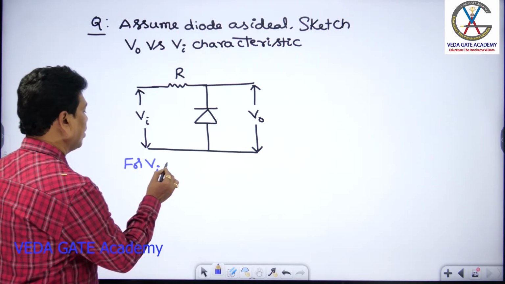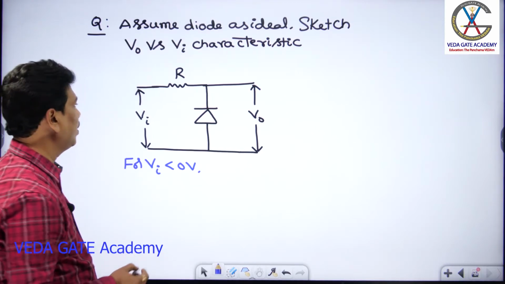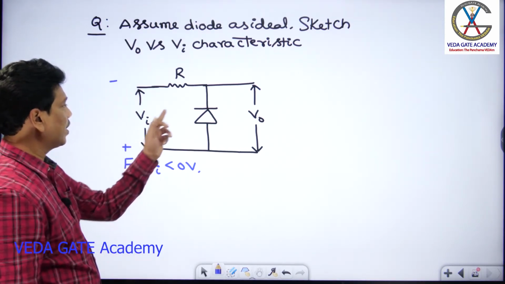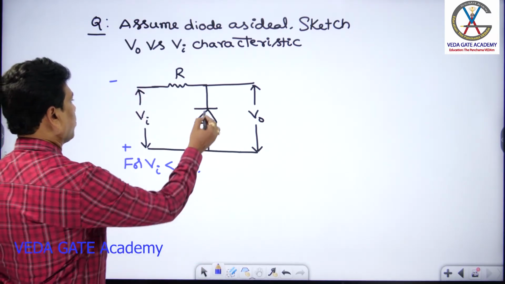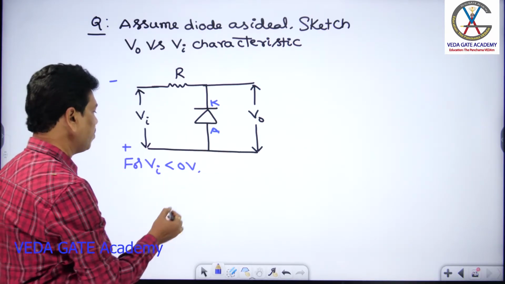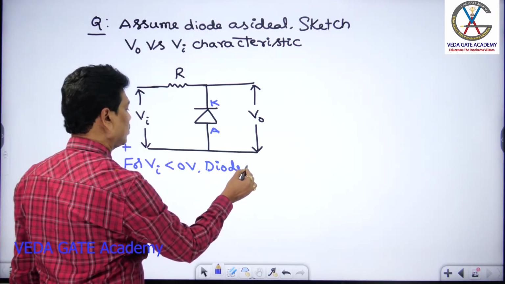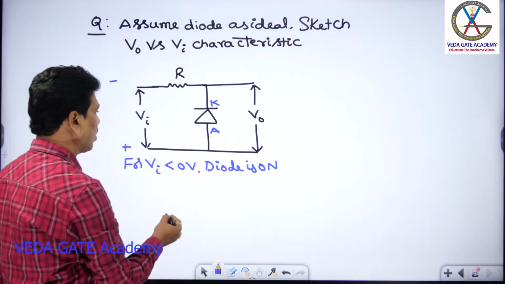So now for VI less than 0 volt, that is, VI looks negative there. If I consider VA negative, the diode should be in on condition, right? Cathode at negative potential, anode at positive potential, so the diode is on. The diode being on means it looks like a closed switch.